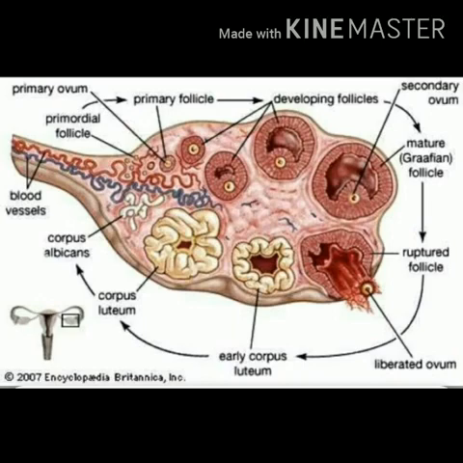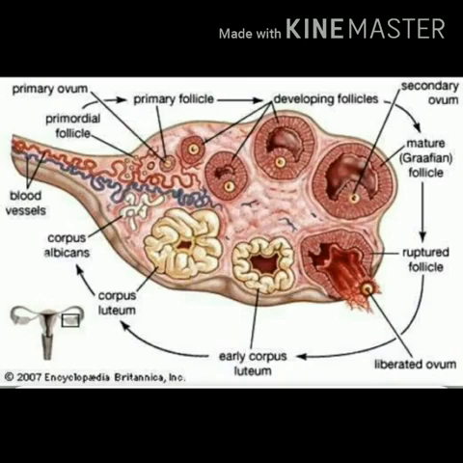Each primordial follicle has at its center a large primary oocyte which is diploid in number. Diploid in number means having a pair of chromosomes. This primary oocyte is surrounded by a single layer of flat follicular cells.